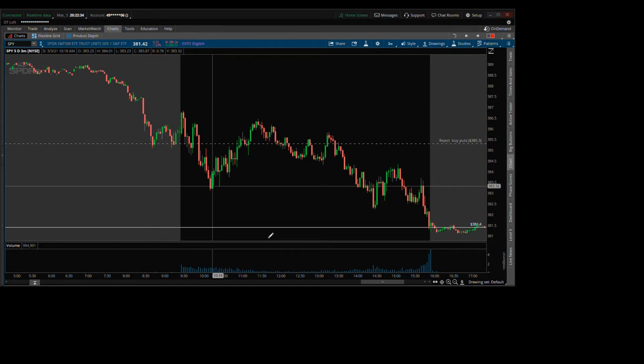But as of right now, your safest entry would be a clear rejection here. Why? Because we have this high here, and then we have this lower high.